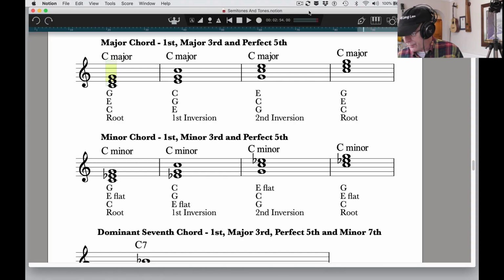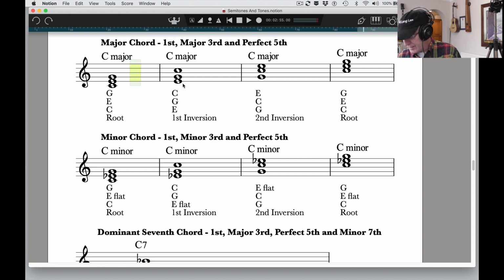So if we look at our software here, which is Notion, very good music software. I should stress, not that I'm sponsored by them or anything, but here we can see C major, we've got C, E and G written underneath. This is the root position.